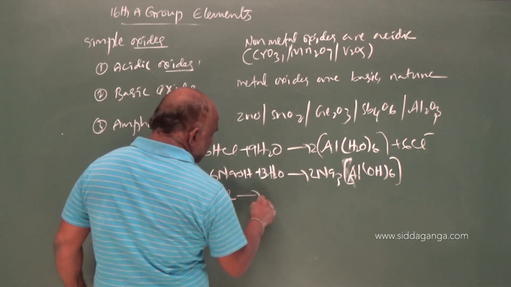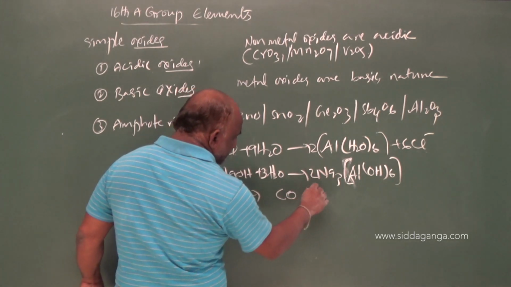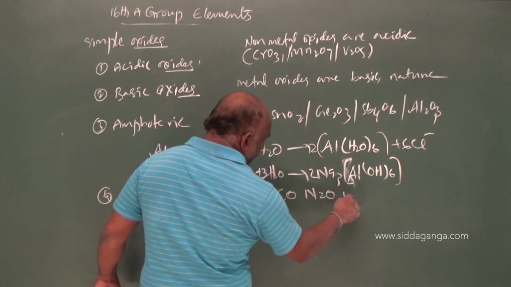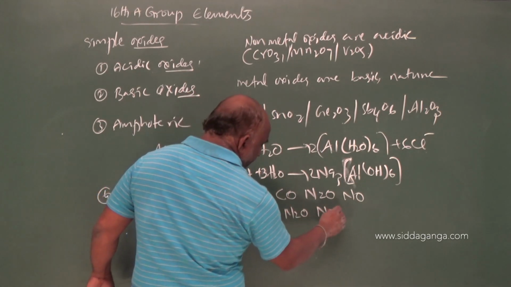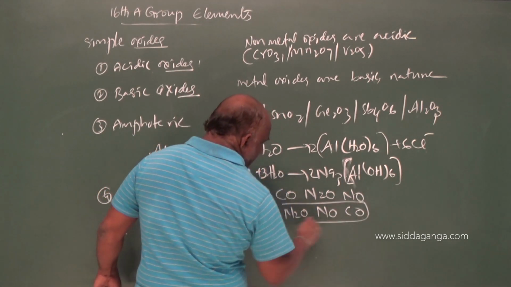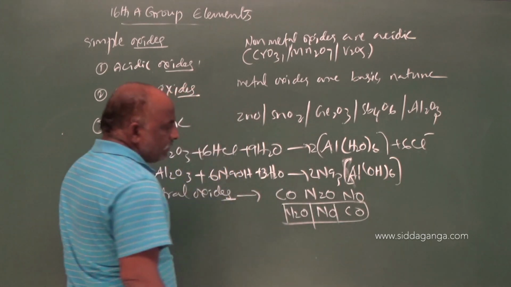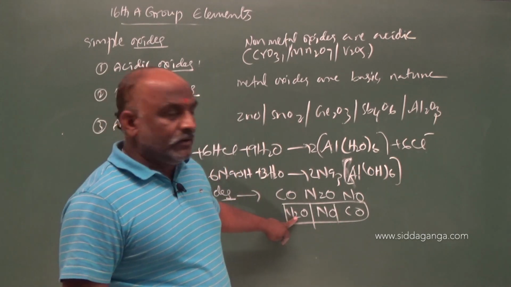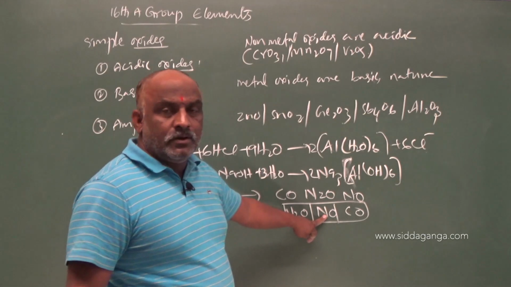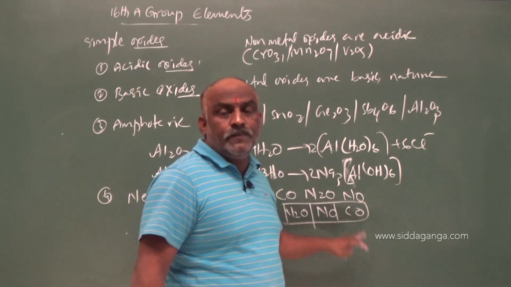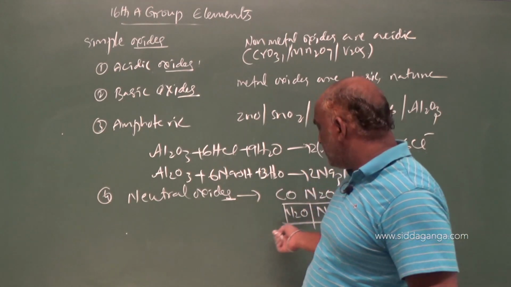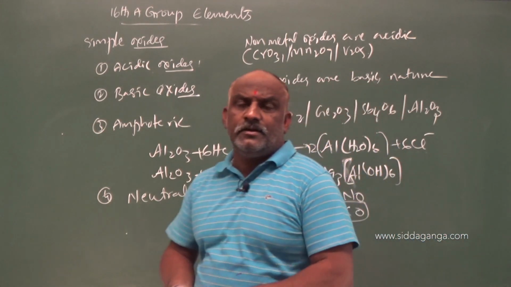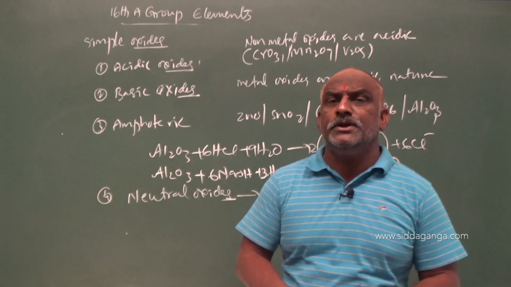What are the neutral oxides? N2O, NO, CO: laughing gas, NO nitric oxide, CO carbon monoxide. This is very important, my dear students. Make a note: which of the following are the neutral oxides is a question many times repeated for JEE.